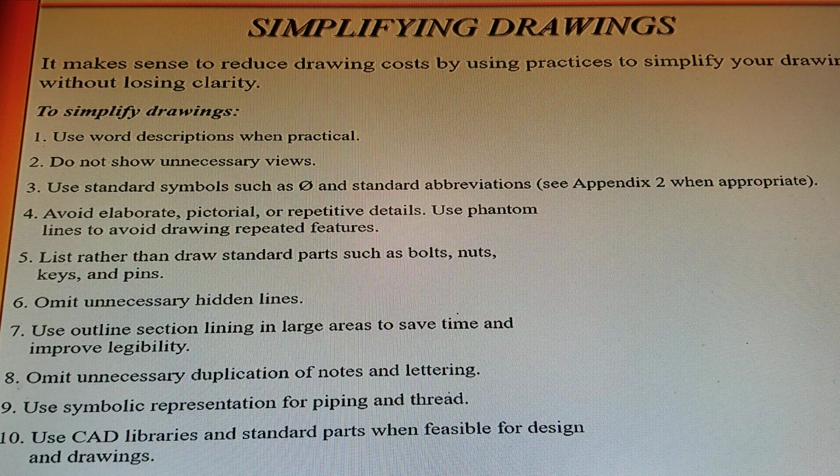Yeah, don't overdo your notes and lettering, just like dimensions. Don't overdo dimensions, because if you duplicate notes and lettering and somebody makes a change, they may not change all the notes and lettering, and somebody's going to read it wrong, and you're going to make a part wrong, and it's going to cost money and time and material, all that stuff.